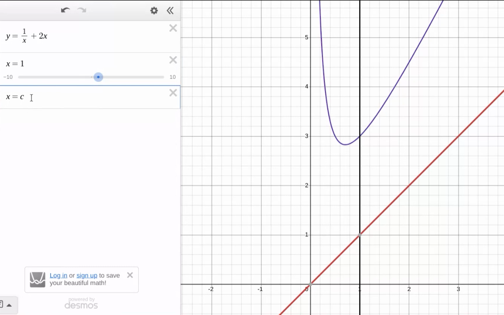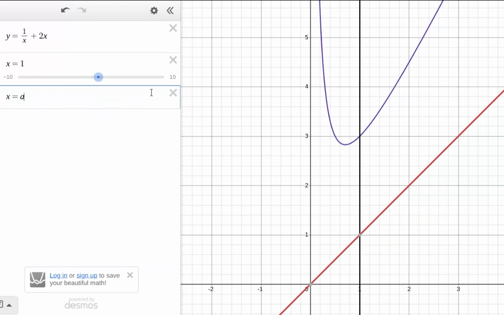So is c defined somewhere else? Why is it doing that? That's weird. Can't define c? Why is it making c, what is going on here? Well, maybe I'll just give it another name, a. That's kind of weird. Oh, no, it's doing the same thing.